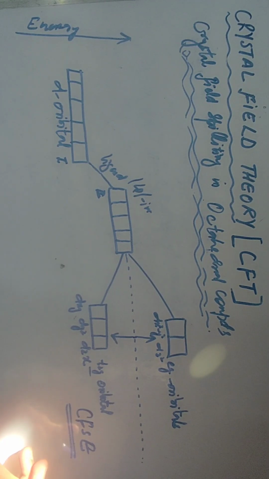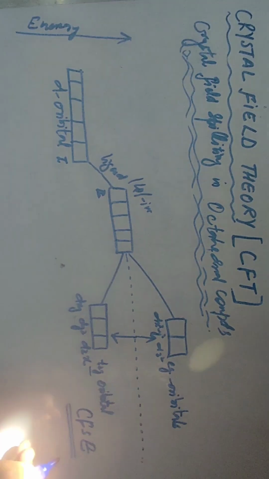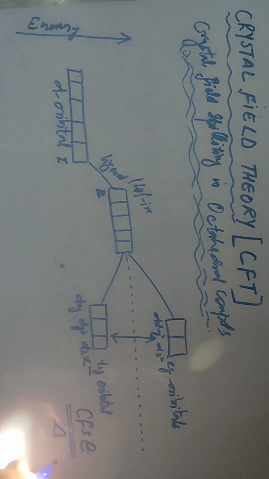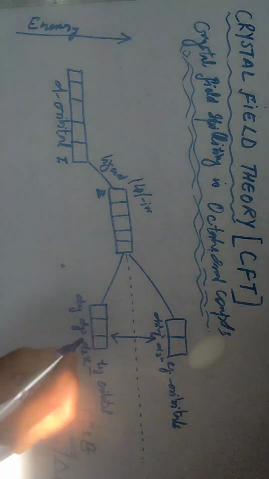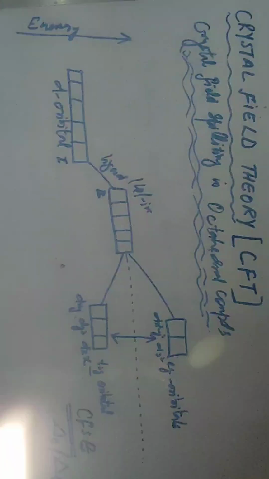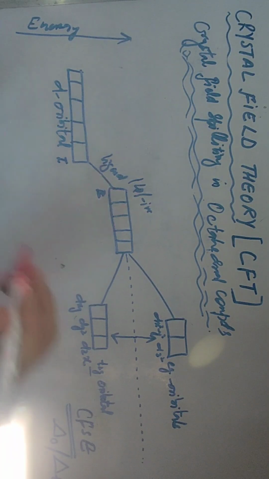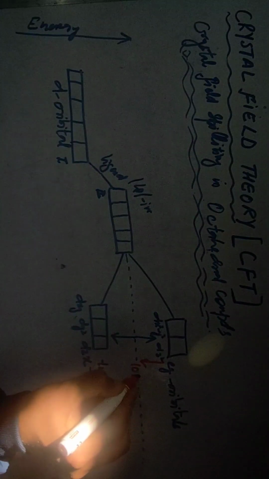CFSE is also represented by delta. If it is delta O, then it is the crystal field splitting for octahedral complexes. If it is delta T, then it is the crystal field splitting energy for tetrahedral complexes. Hypothetically, the energy difference between the two is represented by 10 Dq.